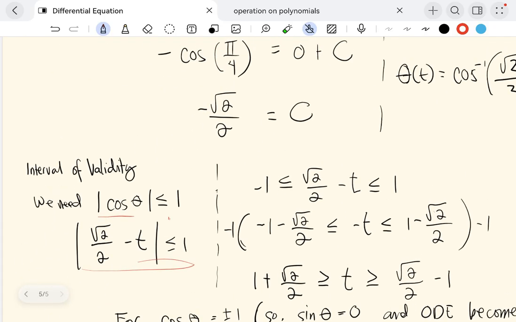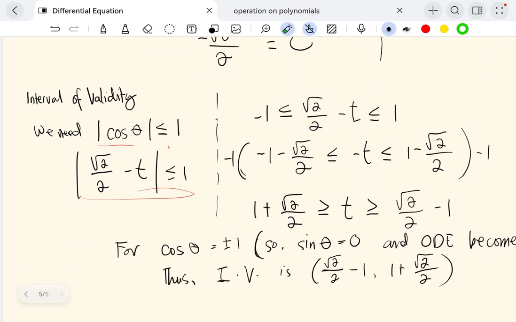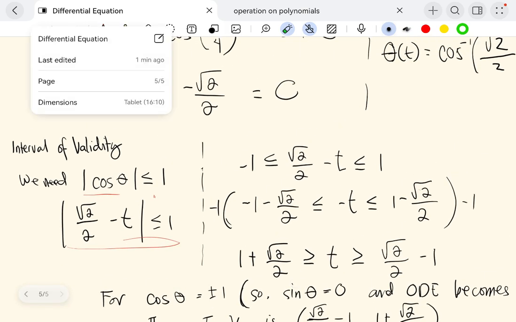Then take note that by the absolute value, we can rewrite it here. Then multiply by negative 1 so that this disappears, and add both sides by positive t. So what happened here? Wait, let's write it.